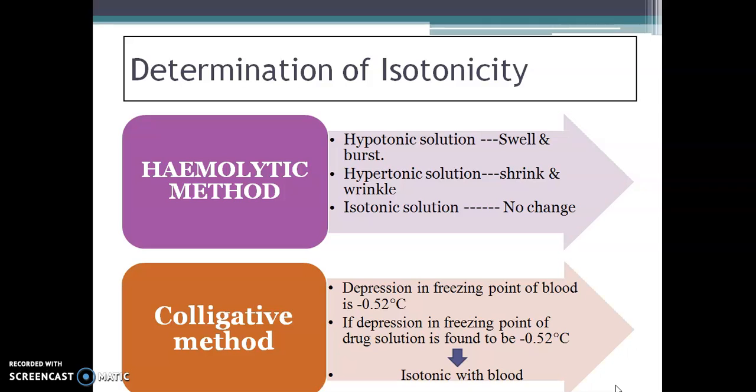When RBCs are suspended in such a solution, there is no change in the morphology of the cell. So the tonicity of the solution is compared with the depression in freezing point of the blood. So, by the colligative method, we find out the isotonicity of the solution.